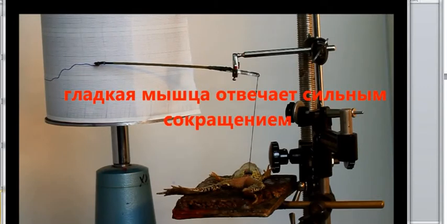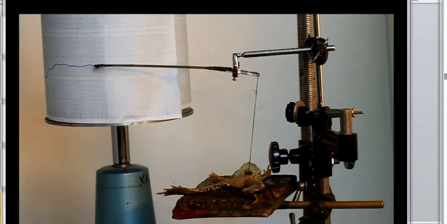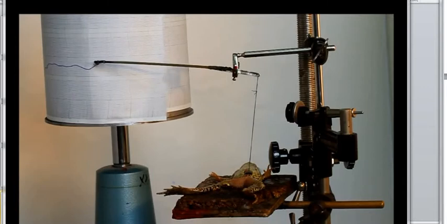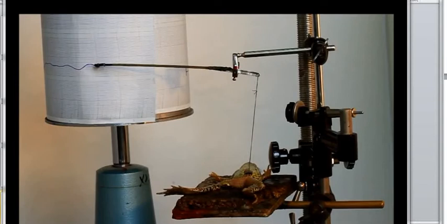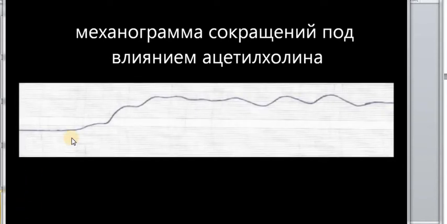The force of contraction is more. And the contractions are prolonged. It takes more time.